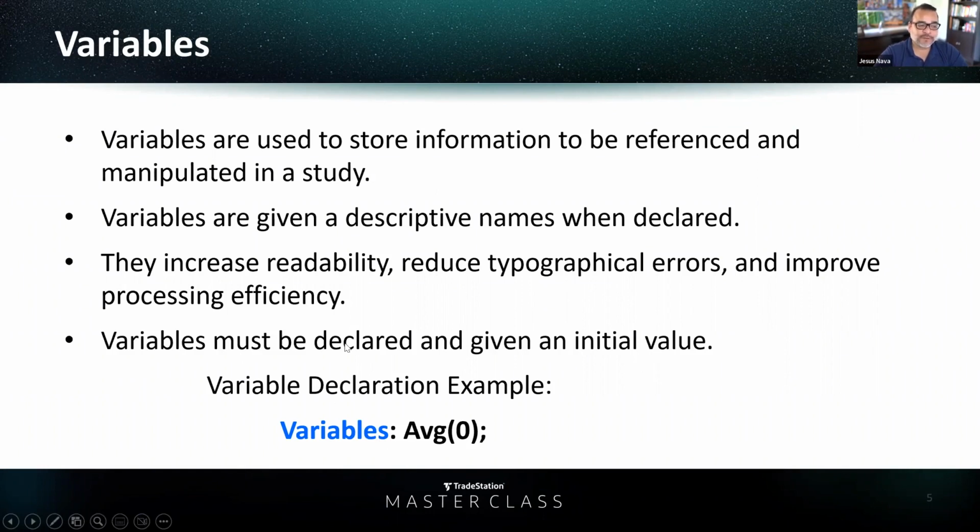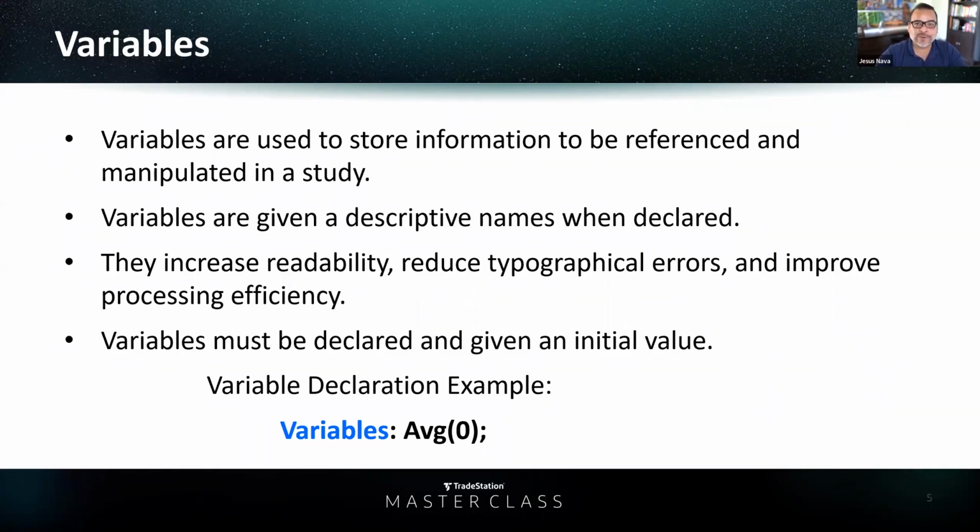And of course, variables must be declared in order for you to use them inside of EasyLanguage. These are words that you're pretty much making up and making EasyLanguage recognize as programming words. So the first thing you need to do is declare them. So you say, hey, EasyLanguage, I'm about to use these words, and this is the type of words they are. So for example, in this last line you see here in this PowerPoint slide, variables is a word that comes in blue because it's something that EasyLanguage knows what it is.